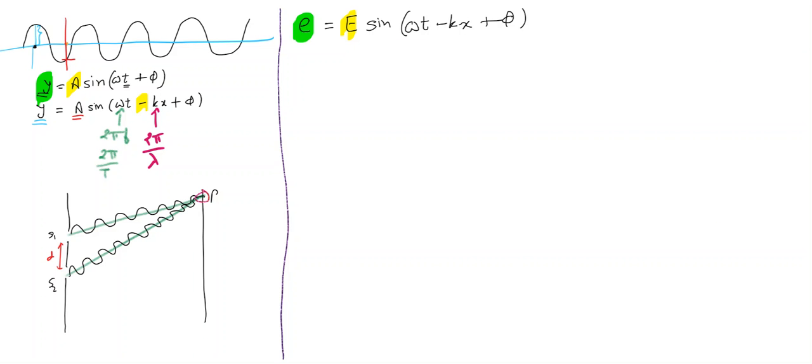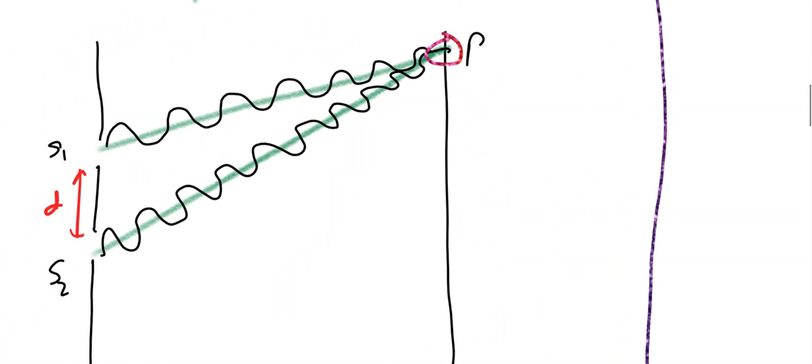So, in case of two waves, I can say that the electric field due to the first wave is E1 sine(omega 1 t minus k1 r1 plus phi 1). Now let me label the paths with symbols r1 and r2.